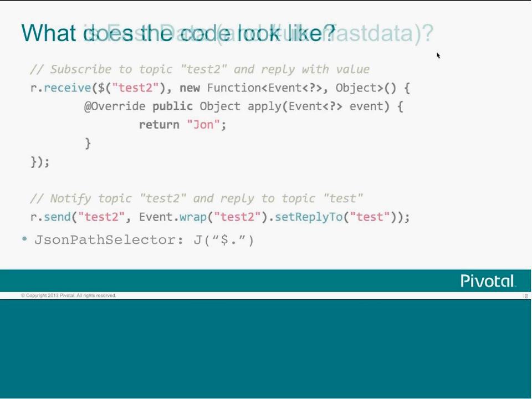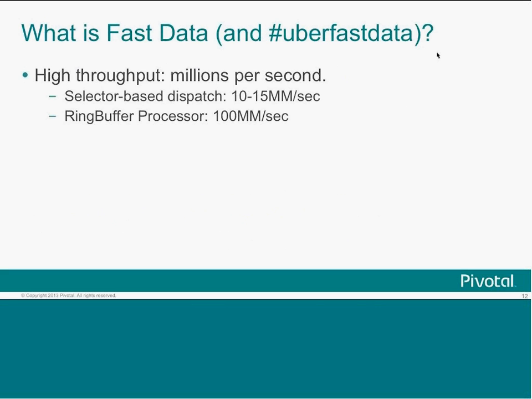So fastdata and the hashtag uberfastdata, I'm trying to camp on that just because uber everything is really kind of what we're looking at with Reactor. We're trying to be uber fast. We're trying to be uber high throughput. And so these numbers here, 10 to 15 million per second with the selectors, which is dynamic dispatch, which is a regular expression, URI template, things like that.